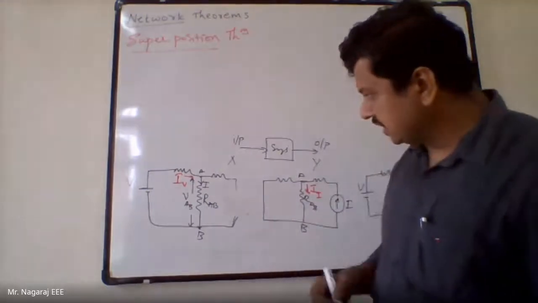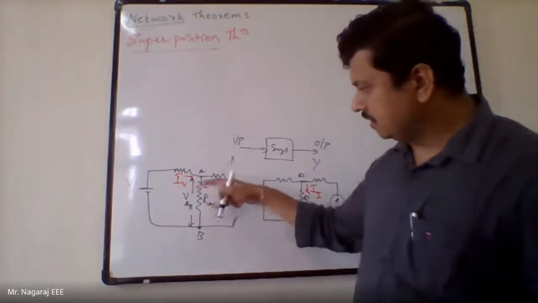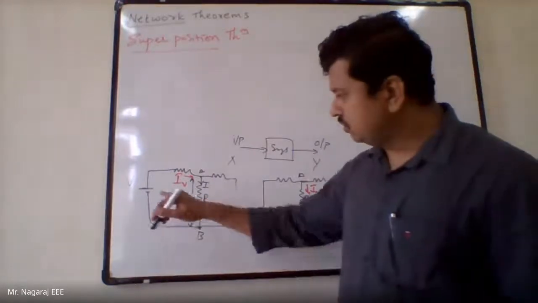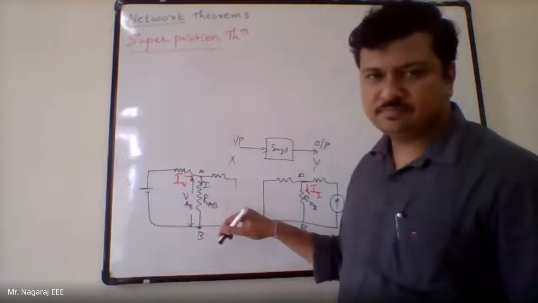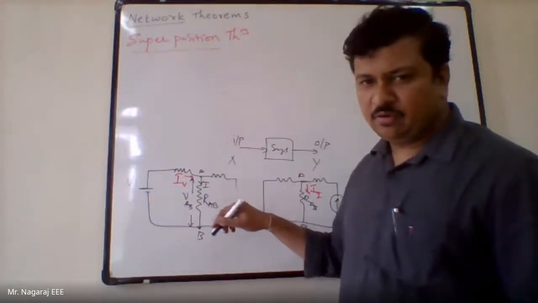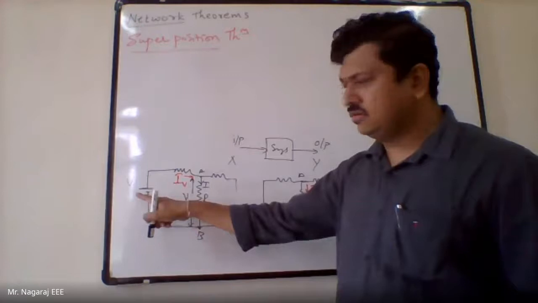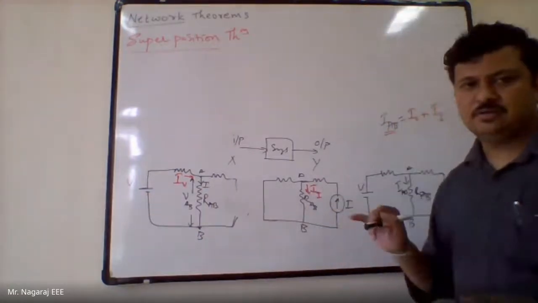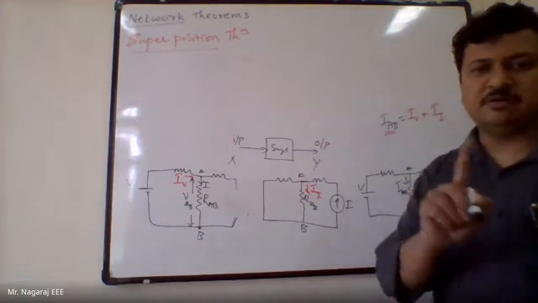See, I say that the current across this RAB is due to source 1 and source 2. So if I want to know that, find the current due to source 1, find the current due to source 2, and add them. But that is not the case with power.